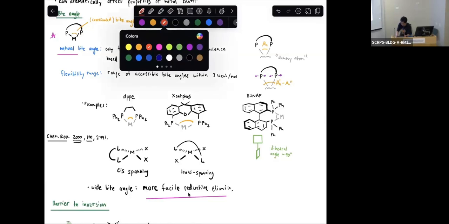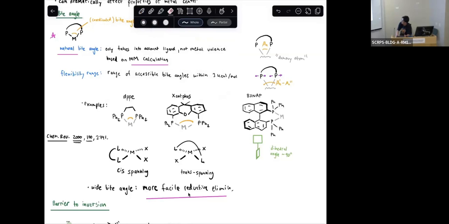I guess Xantphos is widest. Xantphos is widest. I think I've drawn it suggestively here, so that's fine. So Xantphos is the widest, okay, and then between BINAP and DPPE, what do you think is next? BINAP is the smallest.